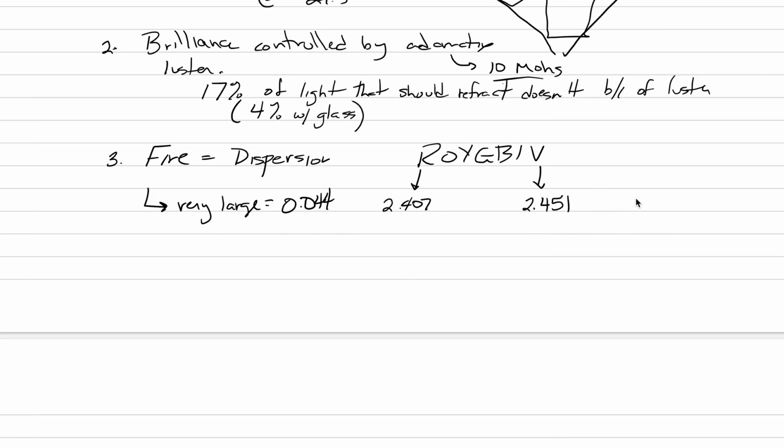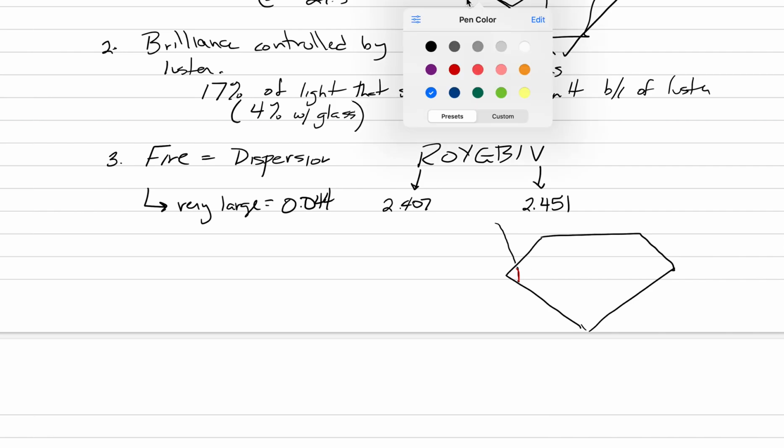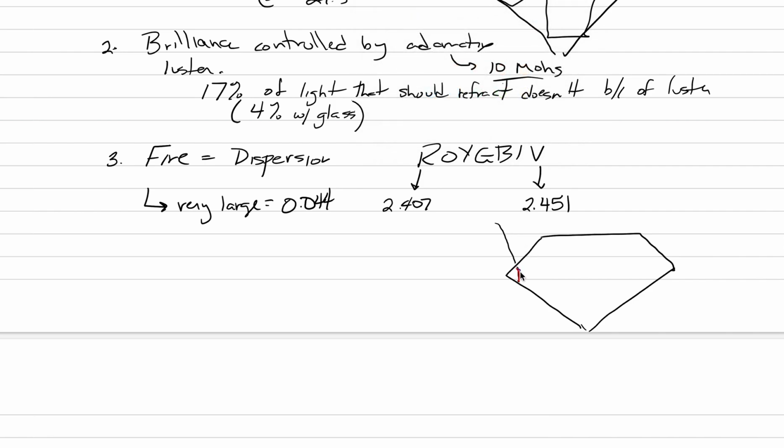So what this means is when light enters our diamond, it shatters the light like a prism does. Let's draw this. White light comes into our stone like so, and then it starts to break apart. Red goes here, and violet goes here.